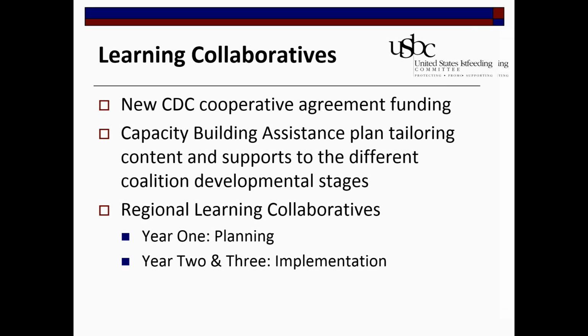Another component of that is that this new cooperative agreement does have a secondary objective that is focused on increasing working relationships between state coalitions and your state health departments, and especially to encourage breastfeeding's integration into the public health agenda in your states.